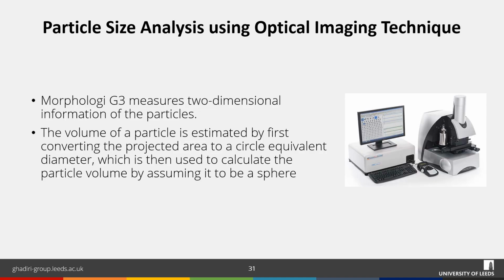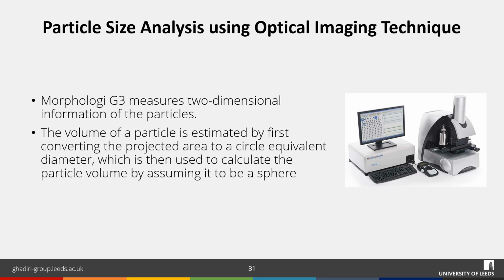As the morphological information of the crystals is of interest here, we opted for a particle size analysis system based on an optical imaging technique. The Morphologi G3 of Malvern Panalytical is ideal for our application as it measures two-dimensional information of the particle size and shape.